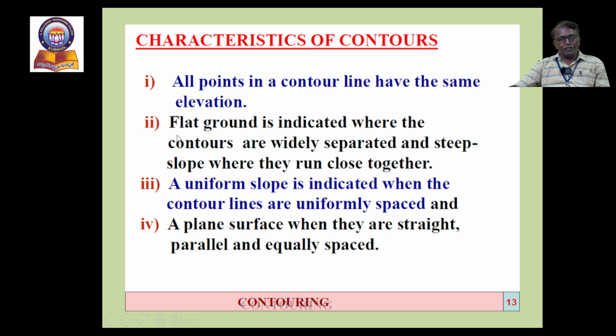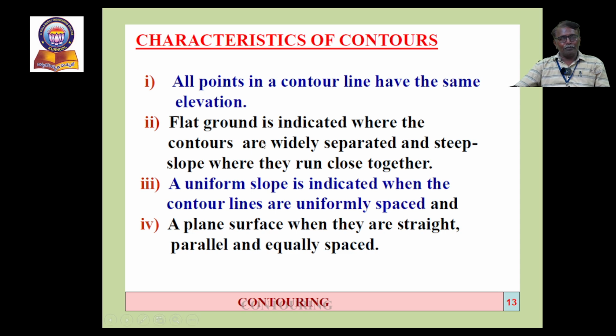Next, the second one: flat ground is indicated when the contours are widely separated, and steep slope when they run close together. When the contour lines are close together, that indicates a steep slope. So from the top to the bottom of a hill, the contour lines will be close together.